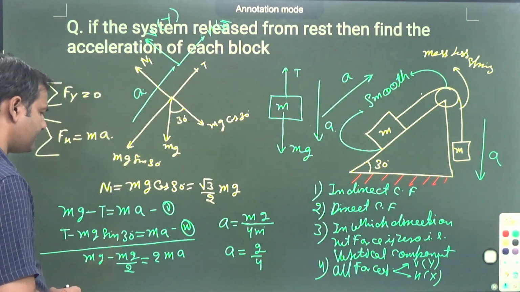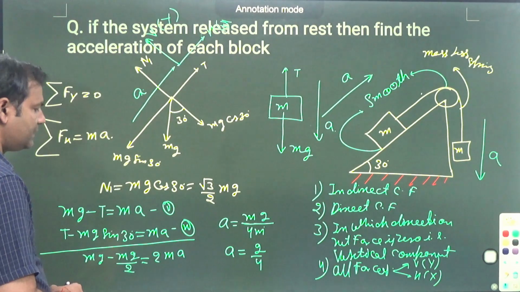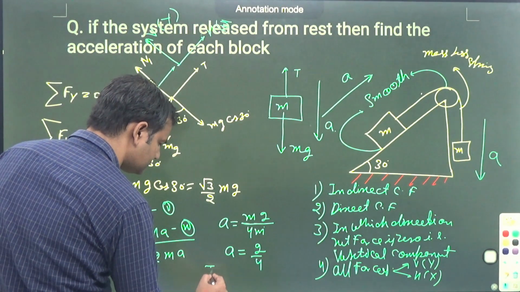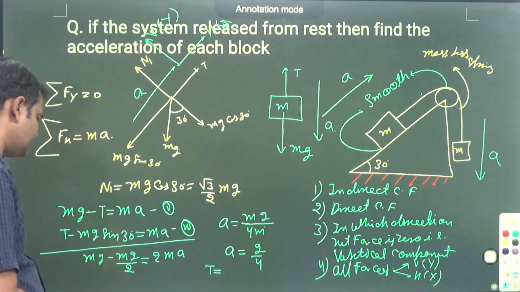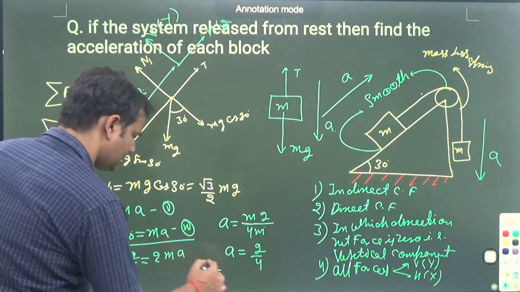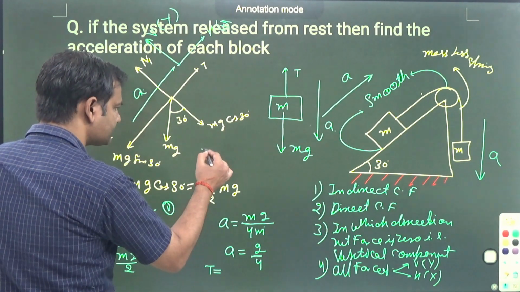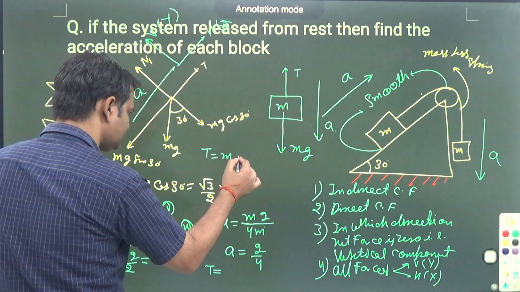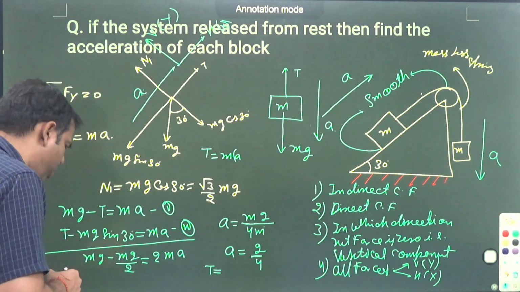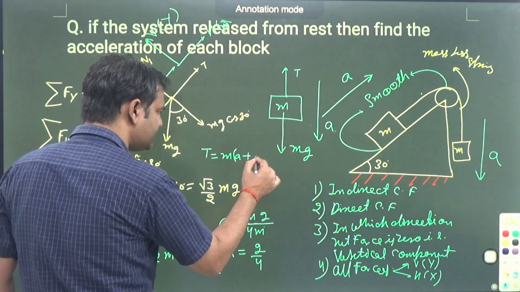And what about T? T is equal to ma plus mg by 2.